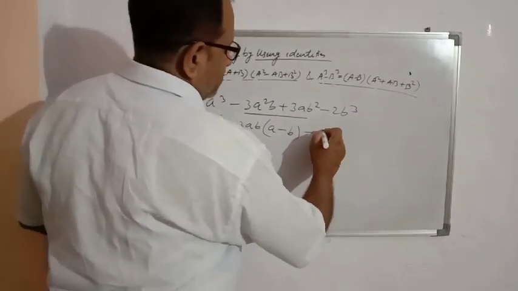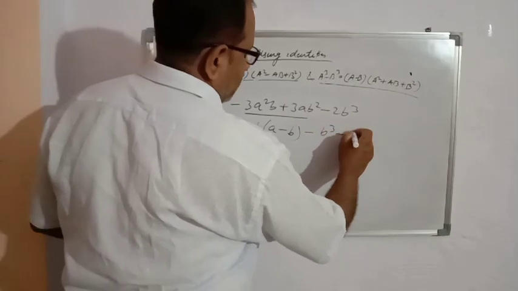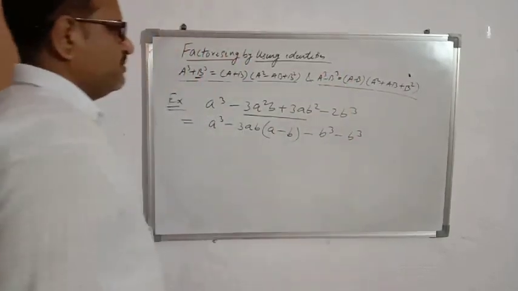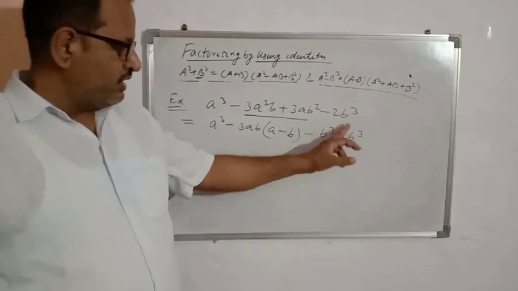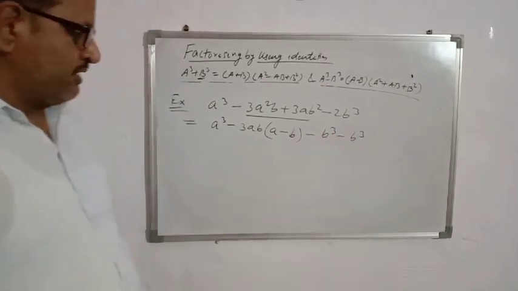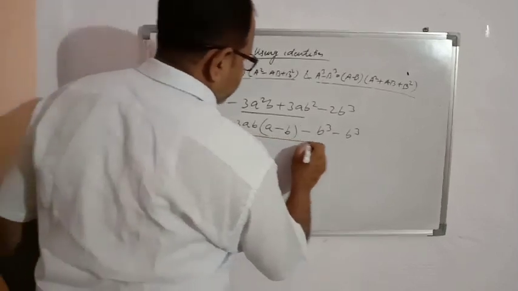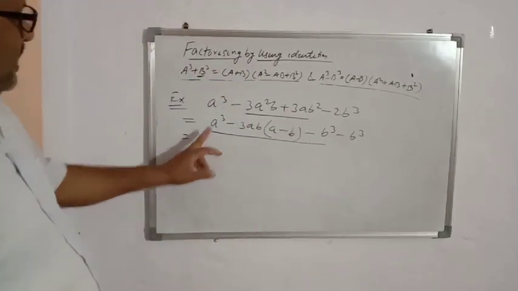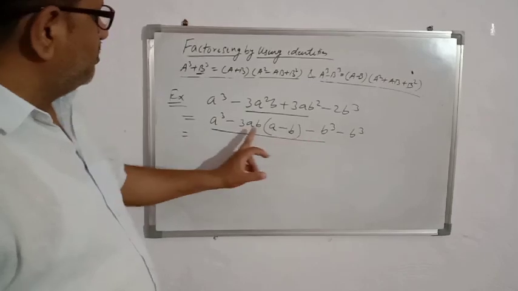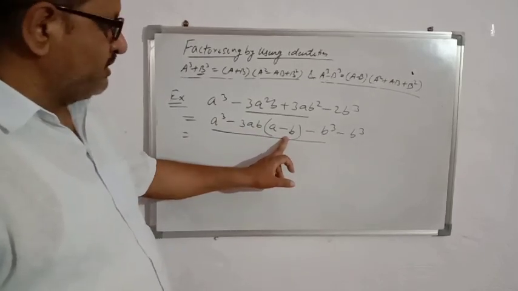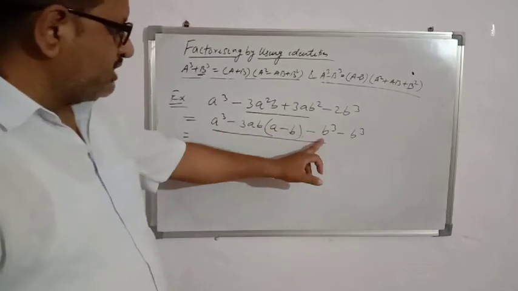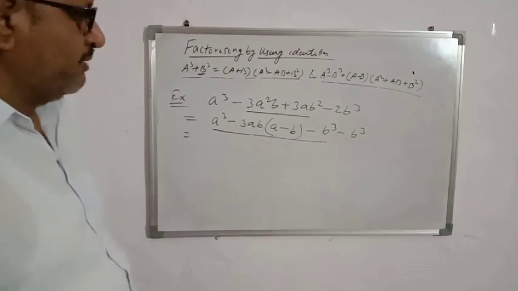And minus 2b cube, we will write as 2 times minus b cube, that is minus b cube minus b cube. What are the first 3 terms? a cube minus b cube minus 3ab in bracket a minus b.